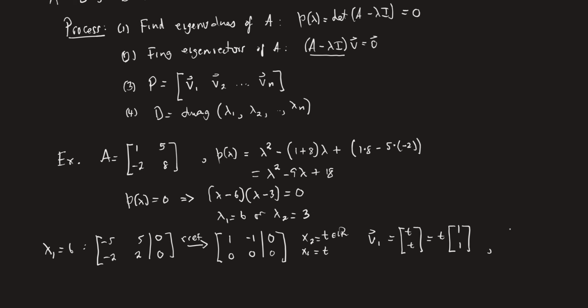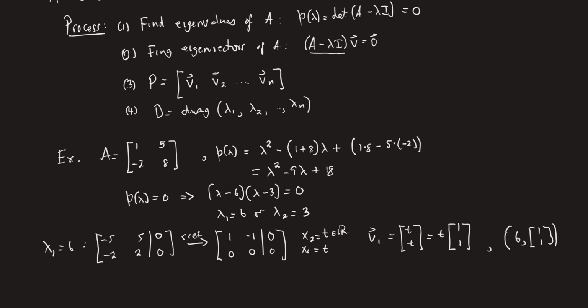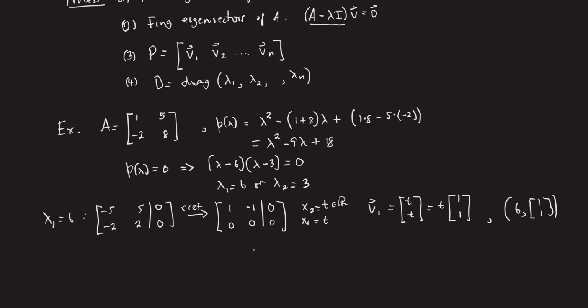So I'm just going to use the 1, 1 as our basis vector. So here's our first eigenpair. We know one column of P, and we know one entry on the main diagonal in our D matrix. Well, we repeat that process.